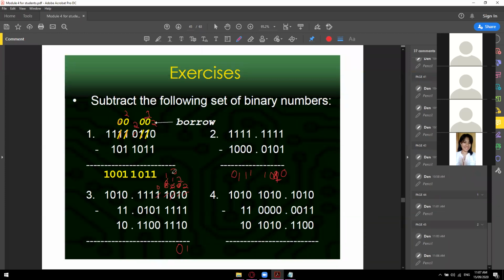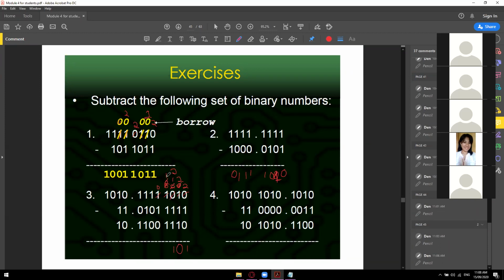Yeah, tama. So, 2, kanina, 1 minus 1 is 0, and then 0 minus 1 cannot be, so meram tayo dito. And then, etong 0 na to is sumeram siya ulit, kaya naging 2 na yung 0. So, since nahiraman na natin to ng isa, so naging 1 na lang yung 2. So, mula dito, so naging 2 na yung 0 natin. So, 2 minus 1 is 1.